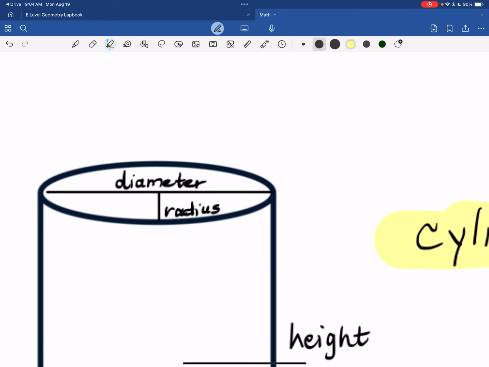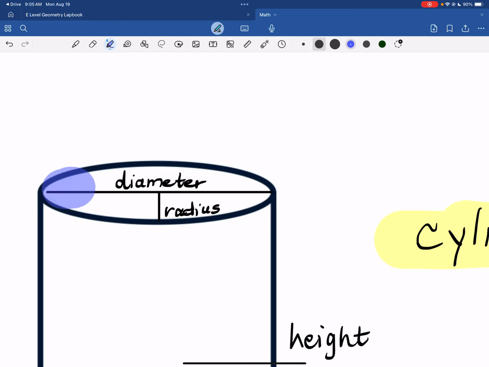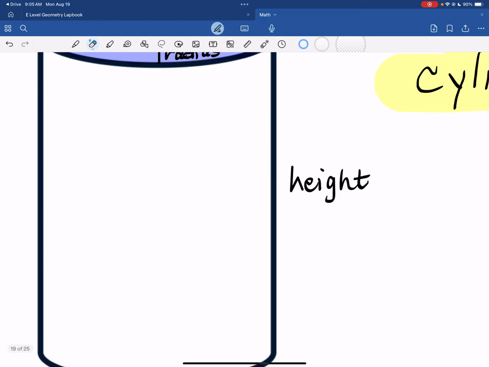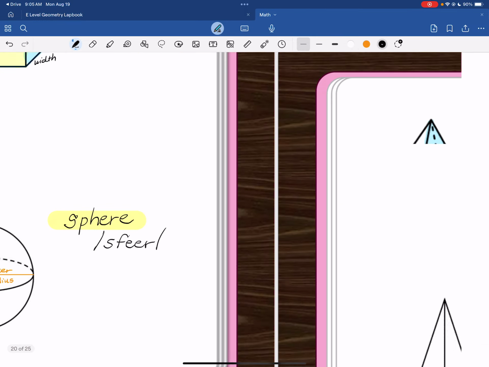Let me color this on the cylinder so that you can see another face in color. And I think this time I'm going to use purple. Or I'll use blue. That's what popped up. Sort of purple. So see how that circle face sits on top? It would also sit on the bottom. The base is circular as well, even though we can't see that. That is called a face. There are no vertices because we don't have angles.